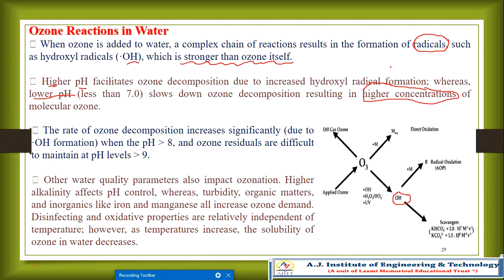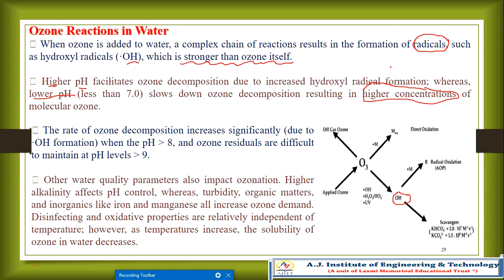The rate of ozone decomposition increases significantly due to OH formation when the pH is greater than 8.